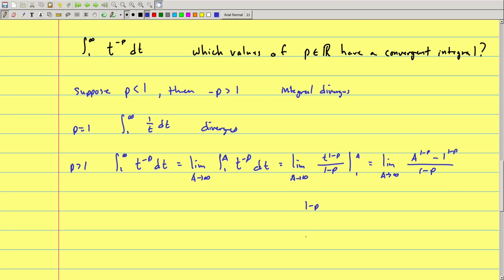Now, 1 minus p is greater than 0, right? If I subtract 1 from this, I get something that's greater than 0. I have a very large number being raised to a positive power.